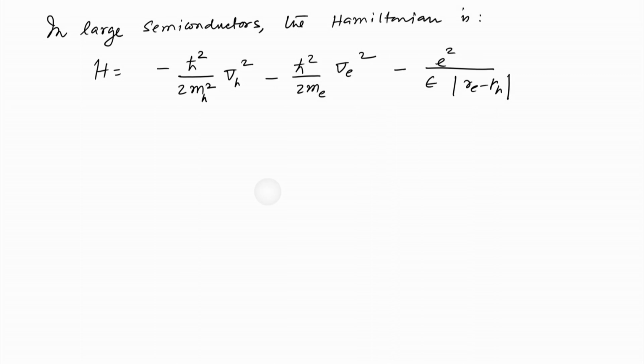So, let us just write this. This is kinetic energy of hole, this is kinetic energy of electron, and this is Coulomb energy.